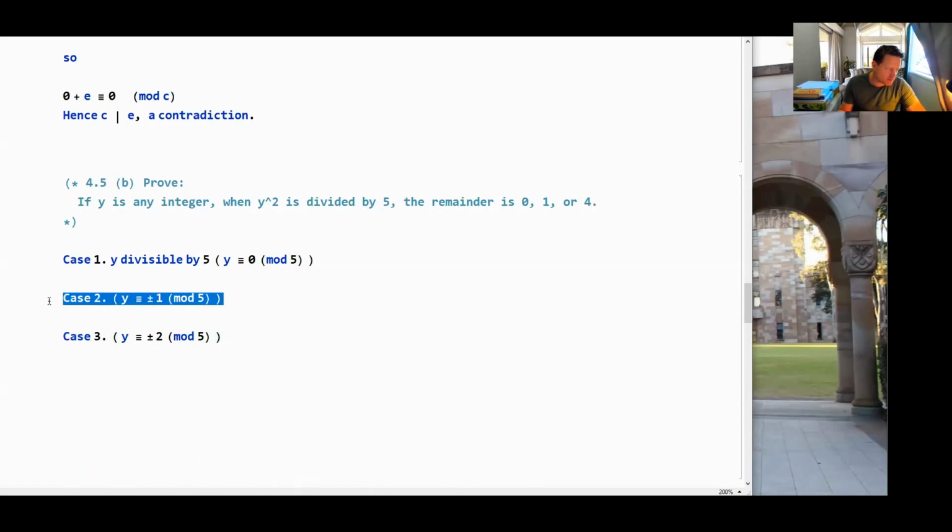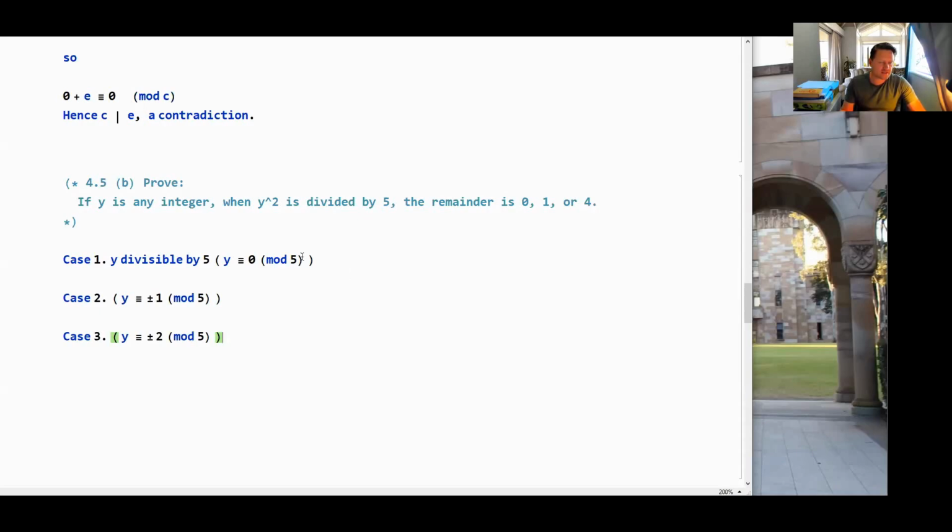So the second case includes 4 mod 5, and then the third case includes 2 mod 5 and 3 mod 5. So that's all the possibilities, 0, 1, 2, 3, and 4 mod 5. All right, there are no other classes mod 5.